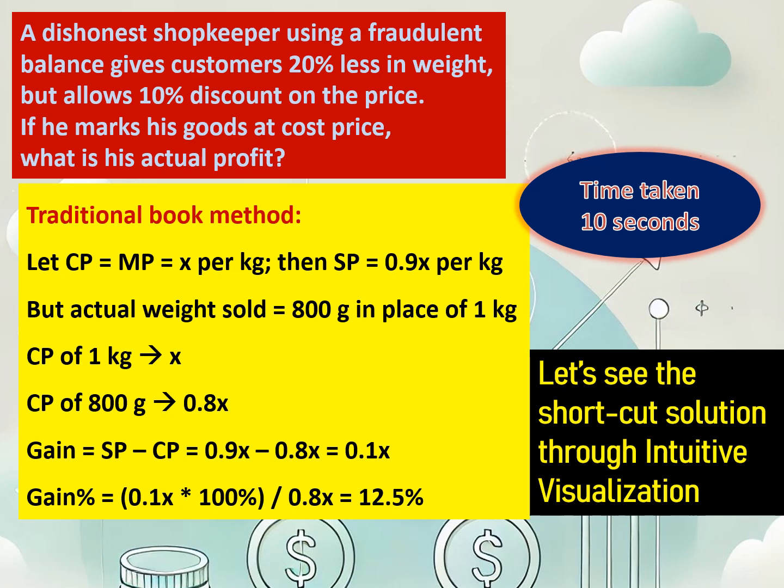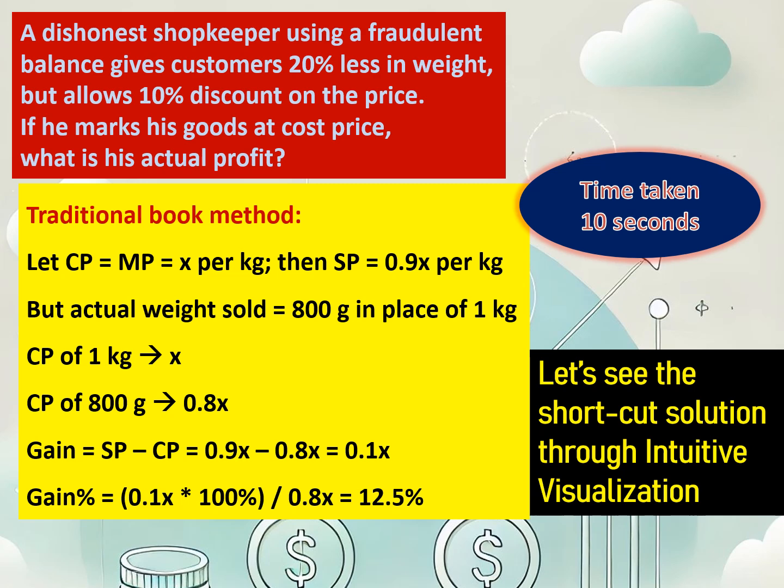In the traditional book method we have shown, you can use 100, we have used X, and we have shown that the answer is 12.5%. That is the way in which the traditional book solves it. The conventional textbook will show you the solution, and maybe that is what you will have to do in your exam papers.